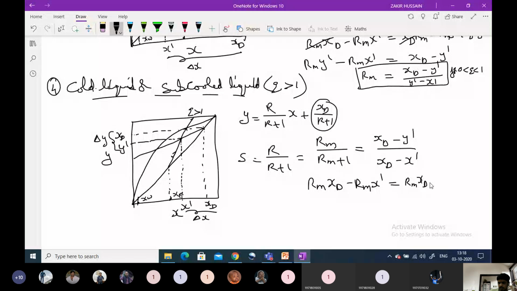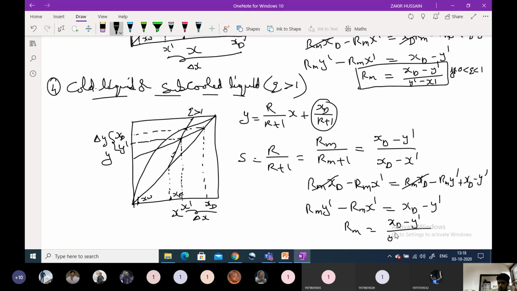Rm into xd minus Rm into x dash equals Rm into xd minus Rm y dash plus xd minus y dash. So this will be cancelled out, and the left term Rm x dash will come to that side. So Rm y dash is equal to xd minus y dash. Finally, Rm is equal to xd minus y dash divided by y dash minus x dash.